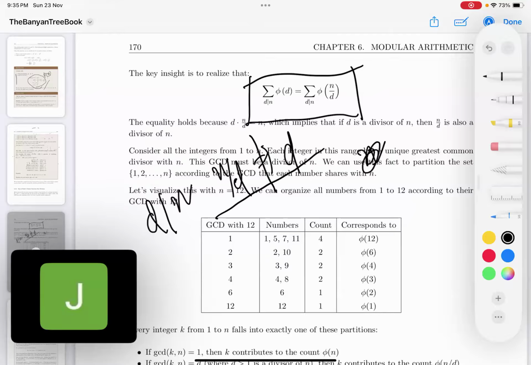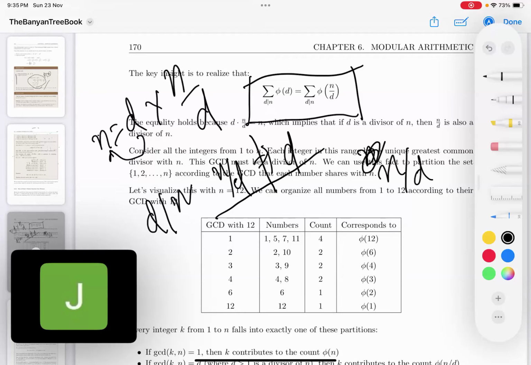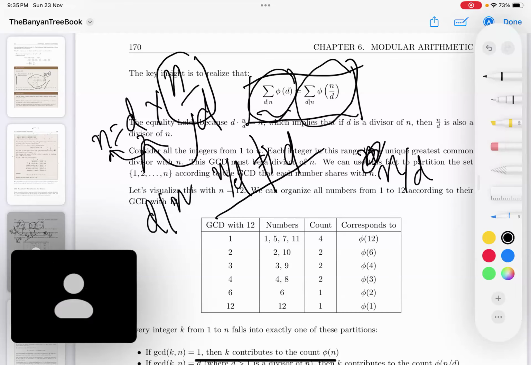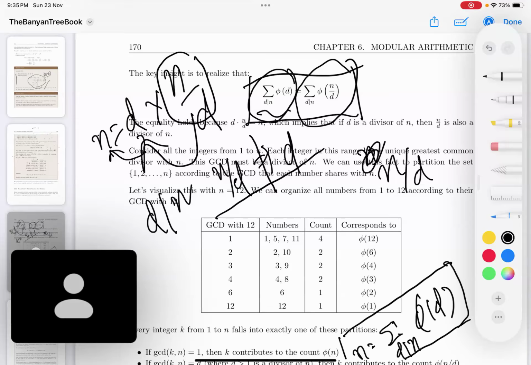Because N by D is also a quotient, I mean, N equals D times N by D. So this equation is just a rearrangement of the divisors. This theorem says the sum over divisors D of N of phi of D equals N. So N can actually be written down in this format. That is the whole idea.